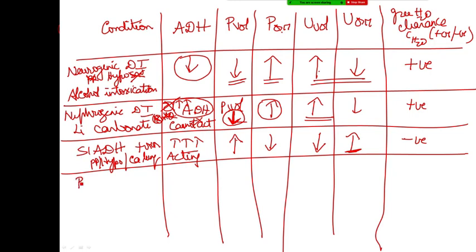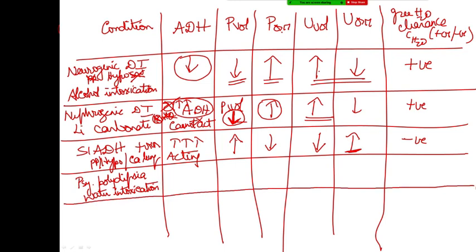Yes. Okay, next, what happens in psychogenic polydipsia, otherwise called water intoxication? You're drinking too much water. Here, ADH is not the first problem. The problem is you're drinking too much water. Where is it going? In the plasma. So plasma volume will increase, which will dilute your plasma.